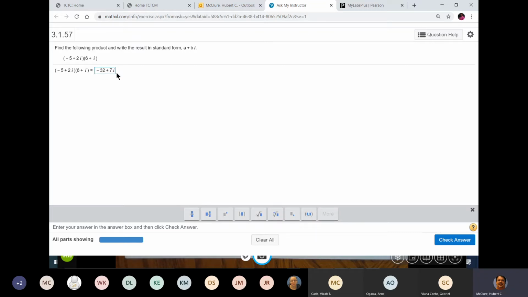You need to write it in that form. That's the way they want it. I'm not going to argue which way you write it, but they'll mark it wrong if you put the 7i first. You can write it 7i minus 32, but I'm not going to say on a test they won't mark it wrong, because they tell you to write it like this.